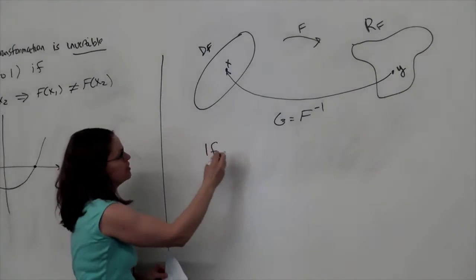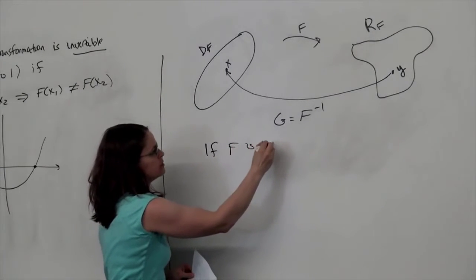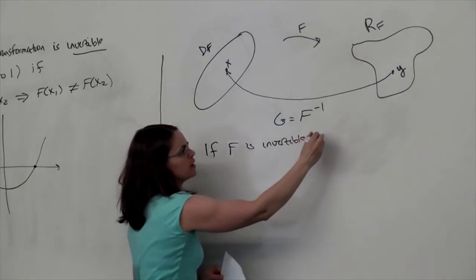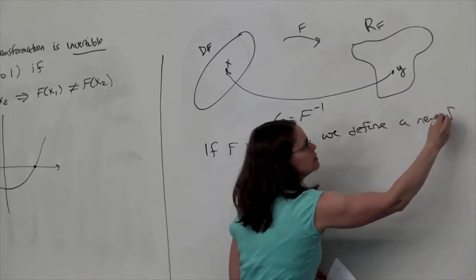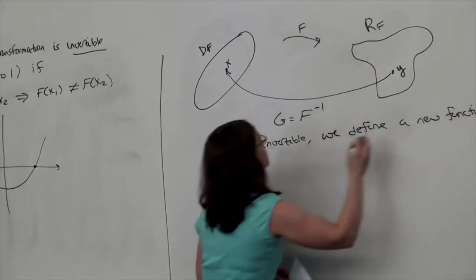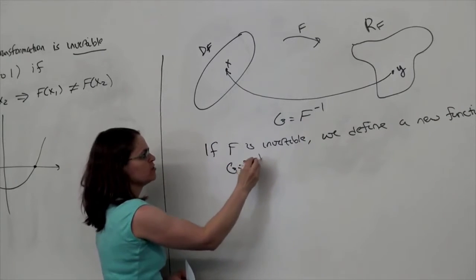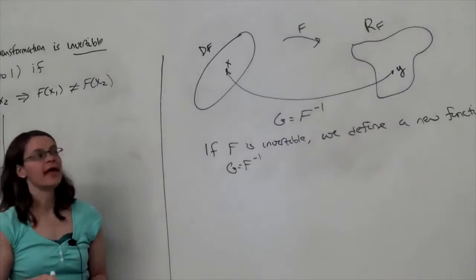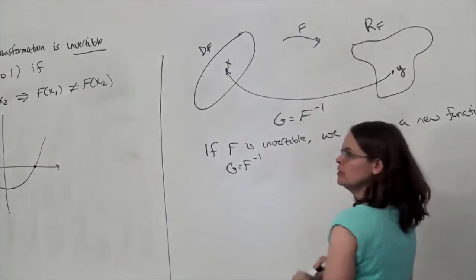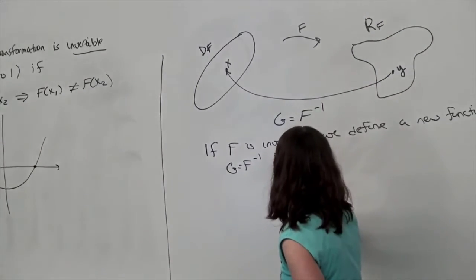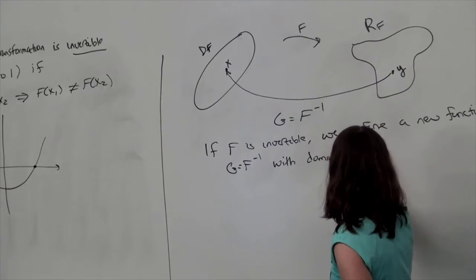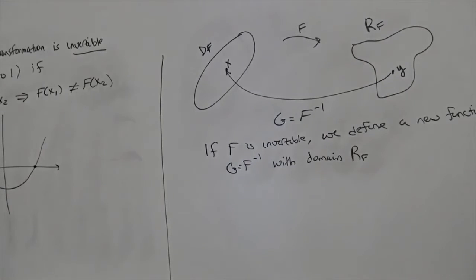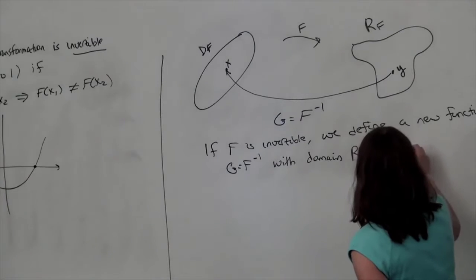Okay, so if f is invertible, we can define a new function g, or f inverse, whose domain now is the range of f, and whose range is going to be the domain of f.